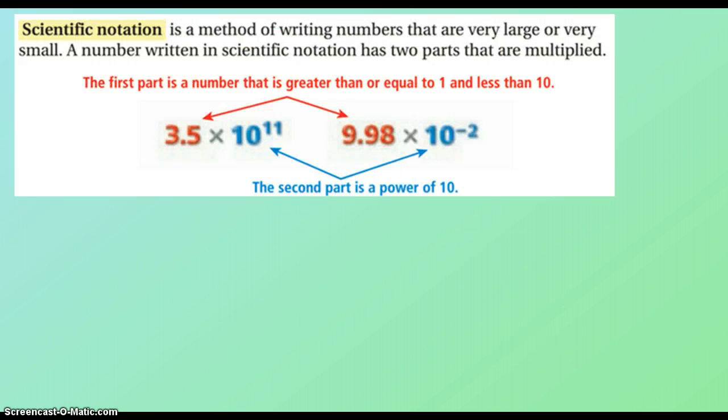Now, scientific notation is just a very specific way to write very large or very small numbers. So the specifics of this are that the first number is greater than or equal to 1 and less than 10. So this first number always has to be less than 10, but 1 or greater.